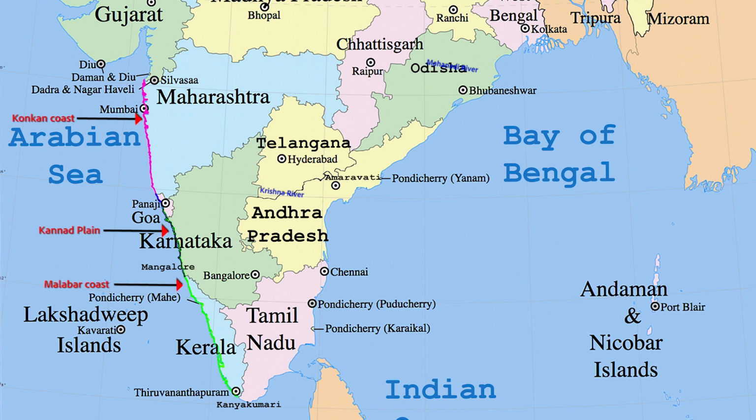Let us also take a look at the eastern plains of India. The northern part of the coastal region is known as the Northern Sarkars. It lies between the Mahanadi and the Krishna rivers in the east. The southern part of the coastal plain is referred to as the Coromandel Coast.